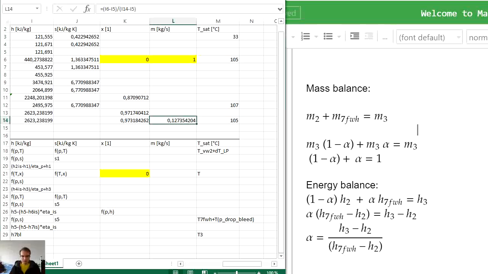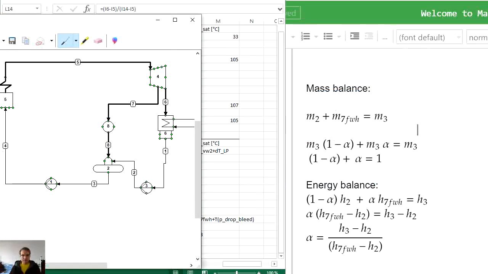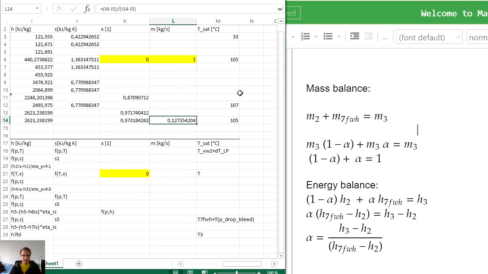So actually at the outlet of the turbine, 0.6 and 0.1 after the condenser, the mass flow rate will be this 1 minus the bleed.